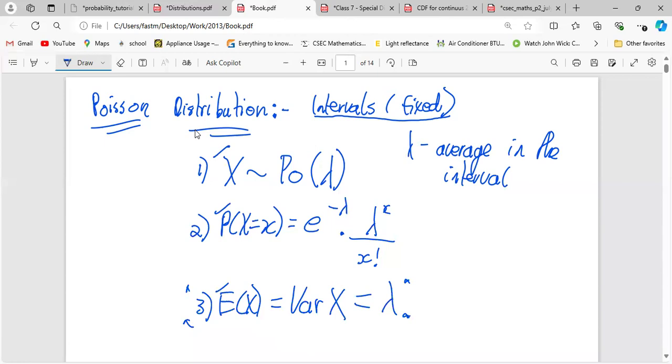The golden thing we're looking for is the interval. Once they give you the interval, most of the time it gives you the average, lambda. You can do factorial on a calculator, so my advice is to make sure you know how to do it. Your calculator may be different from mine, so look for something like x factorial on top, where you have sine and cosine.